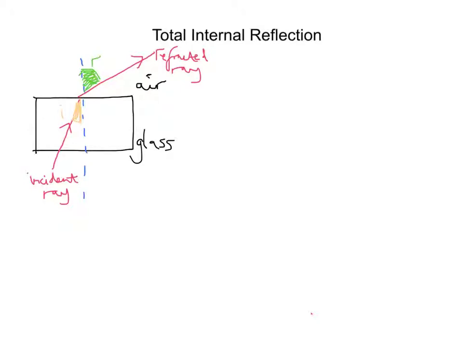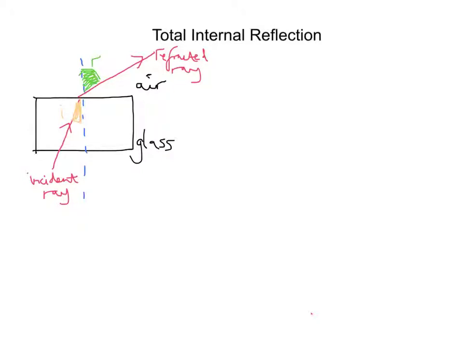Now this is what happens when the light rays move from a more dense material to a less dense. They're refracted away from the normal. Now for total internal reflection to occur, the light must travel from a dense material to a less dense material, like glass going to air or water going to air.